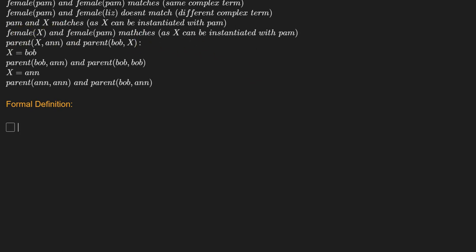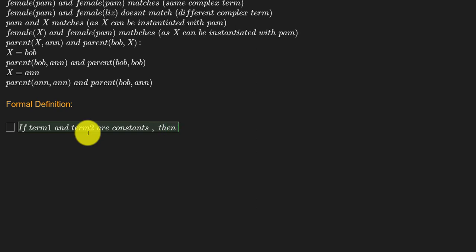So the first rule is, let me write it down over here. If term 1 and term 2 are constants, so we are talking about two different terms and whether they will match or not, that's why I'm referring to them as term 1 and term 2 here.